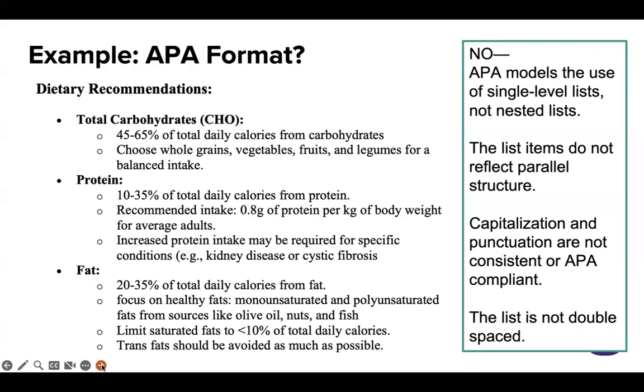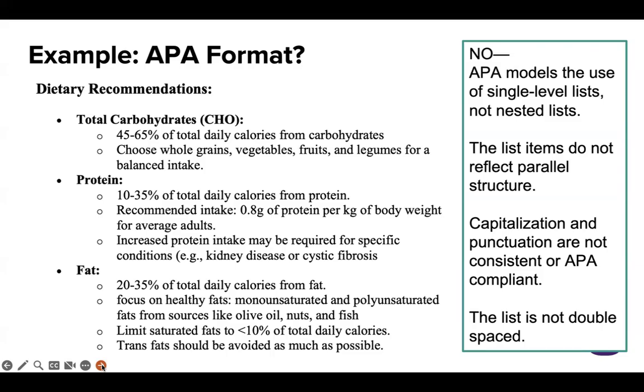Secondly, these list items definitely do not reflect parallel structure. The first one, 45 to 65% of total daily calories from carbohydrates, that's just a noun phrase where the percentage counts as the noun. The second one is a complete sentence, though, of the command type that we looked at earlier. Choose whole grains, vegetables, fruits, and legumes for a balanced intake.